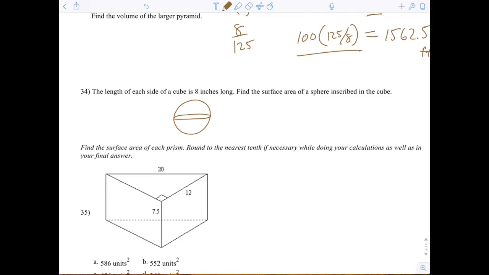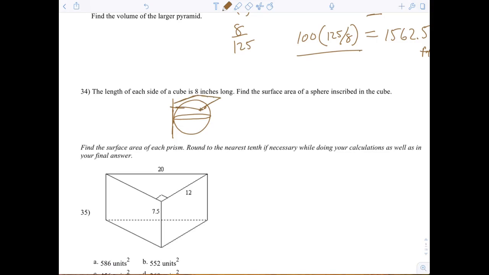The surface area of a sphere inscribed in the cube. So, is the sphere on the inside or the outside? It's on the inside, if I'm not mistaken.